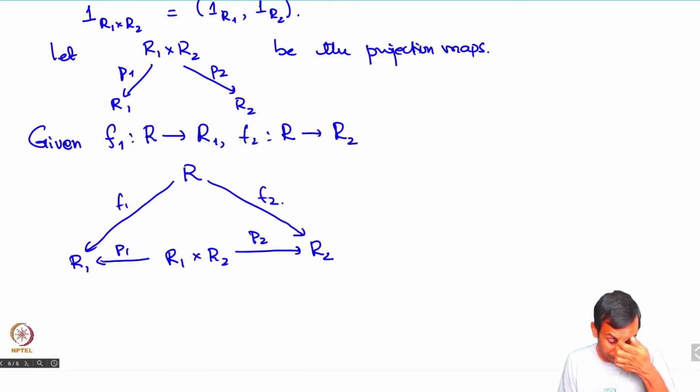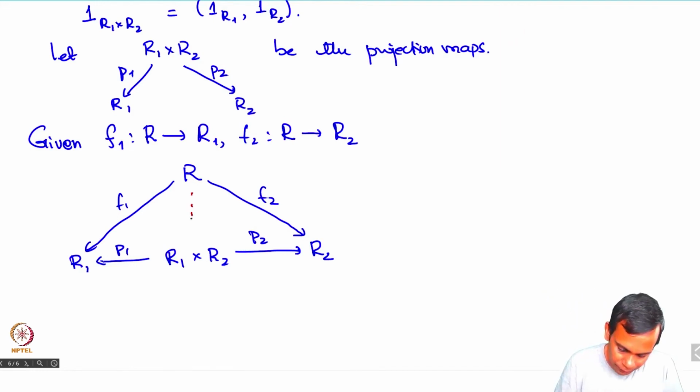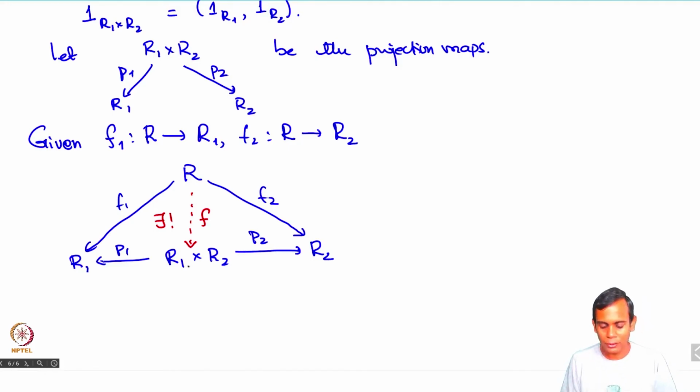So now this R1 cross R2 is a set theoretic product. So because it's a set theoretic product, we know that there exists a unique function, not yet a ring homomorphism, a function, f from R to R1 cross R2, which makes this diagram commute.